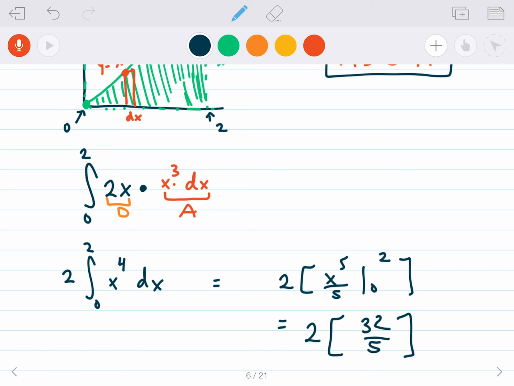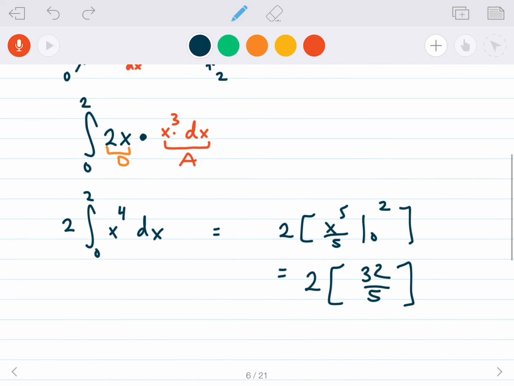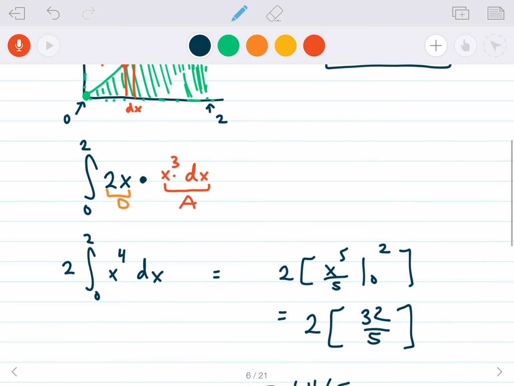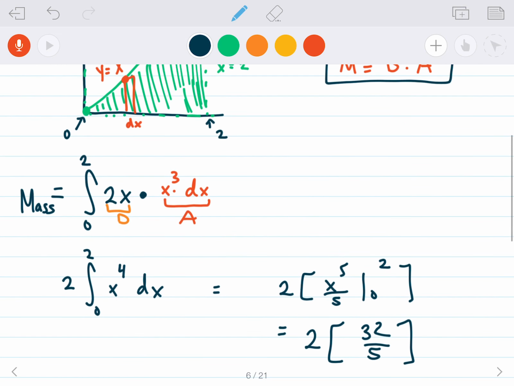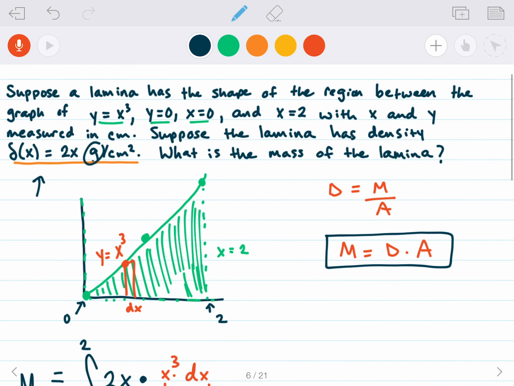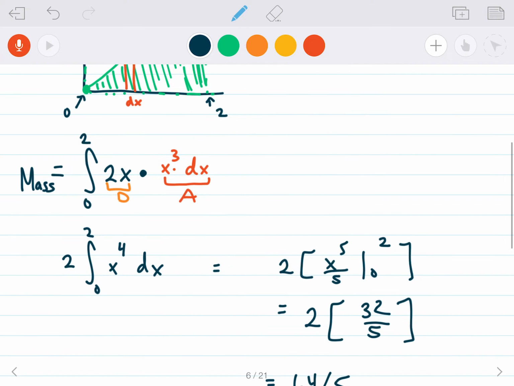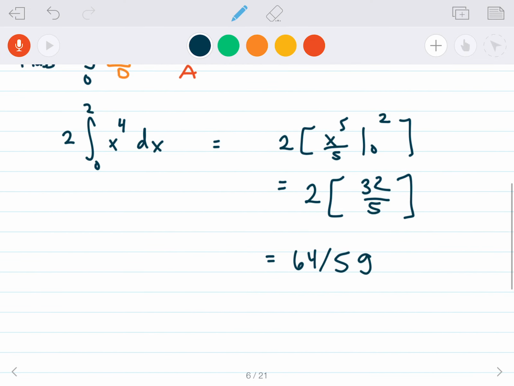And of course, when we plug in 0, minus 0 to the 5th over 5, it just goes to 0. So our answer here is going to be 64 over 5. Remember what we just found? We just found a mass. The units of our mass are given in grams. So this is grams.